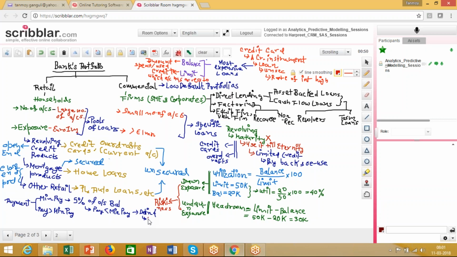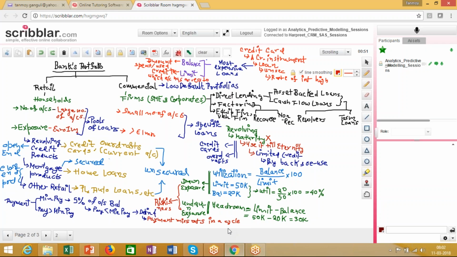So this is payment miss outs in a given cycle. This is what is delinquency.